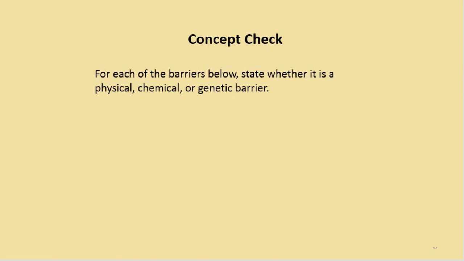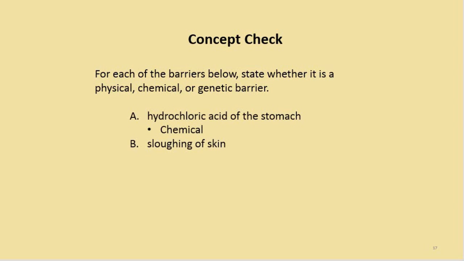For each of the barriers below, state whether it is a physical, chemical, or genetic barrier. Hydrochloric acid of the stomach is obviously a chemical barrier. Sloughing of the skin, or just the skin itself, is a physical barrier. Lysozyme in the saliva and tears, obviously a chemical barrier.